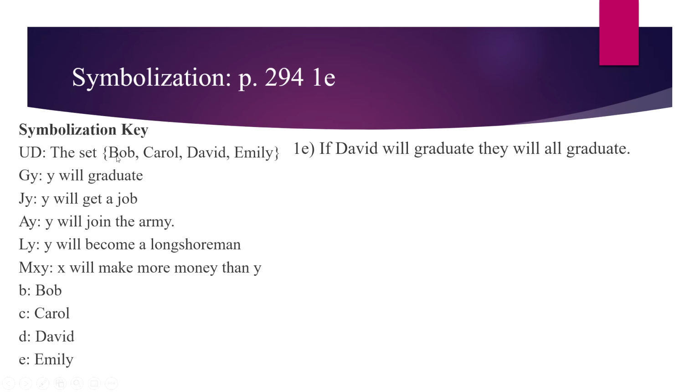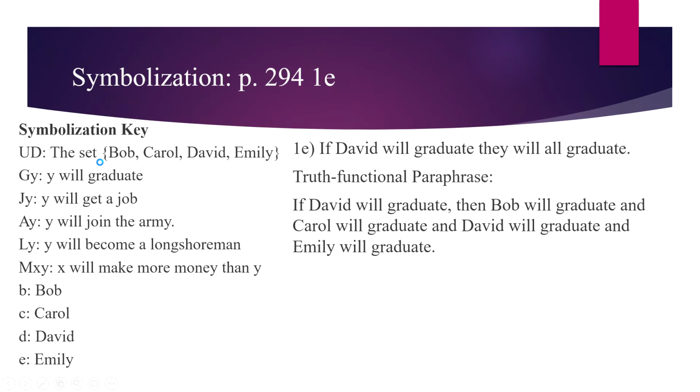But here, if we're saying everyone graduates, that means we have to say Bob will graduate, and Carol will graduate, and David will graduate, and Emily will graduate. It's annoying enough to say it, spacing them all out, specifying them all individually, when our symbolization key says everyone applies to just 4 people. That's why we're introducing quantifiers in the next lesson. It makes it far easier to say these kinds of things.